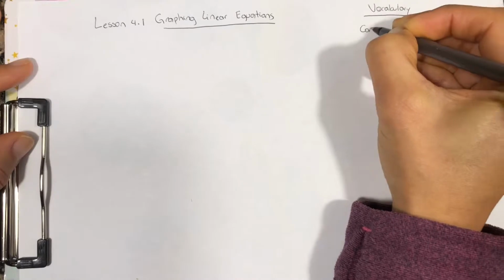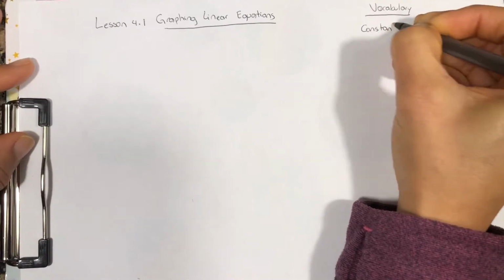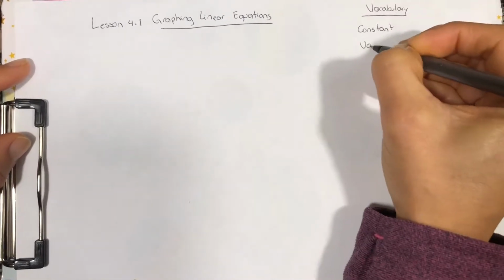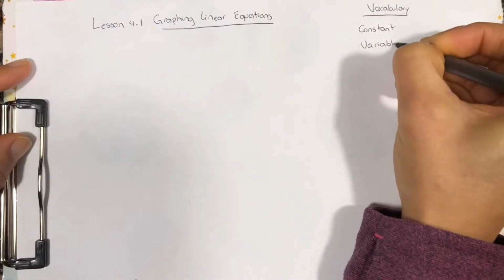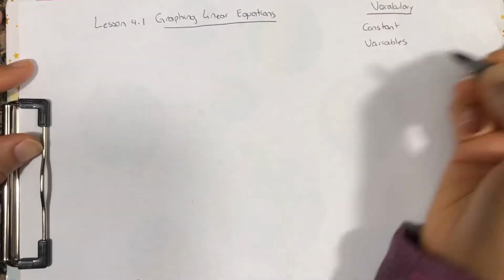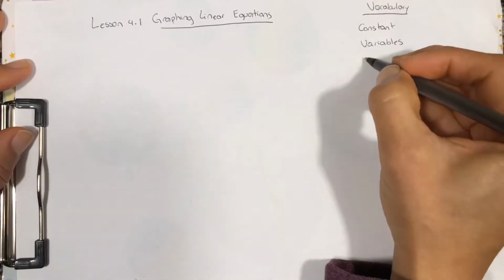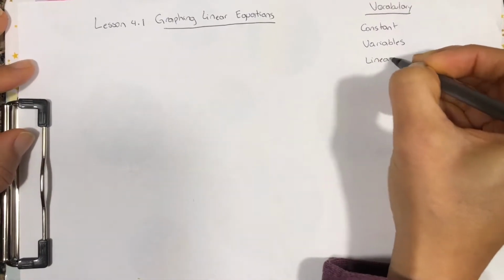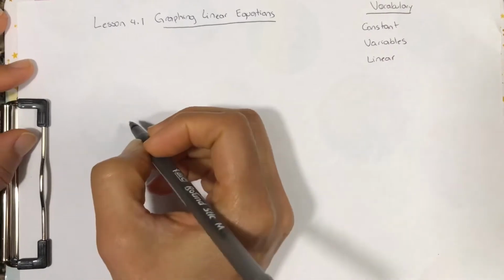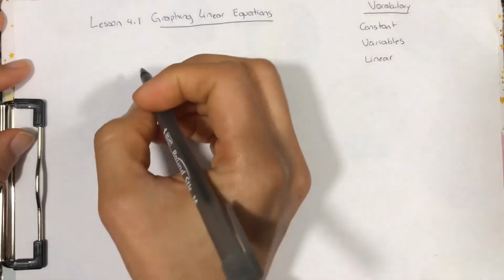A constant is a number that does not change, and they have variables. Variables are numbers that do change. And linear means that it's a straight line, right? Linear. It's a straight line. So these equations have more than one answer.